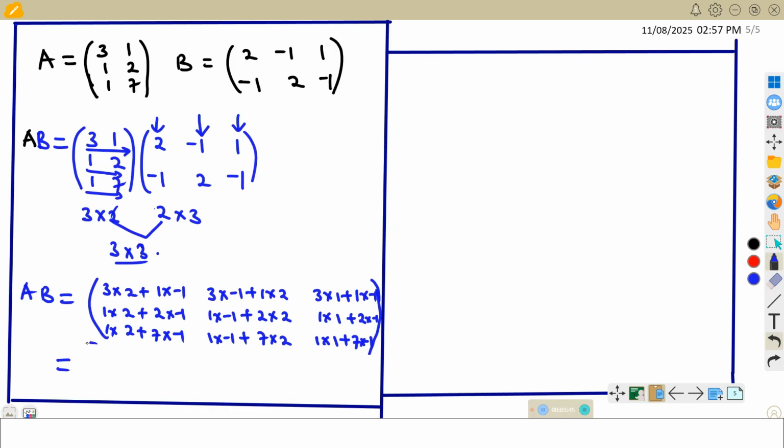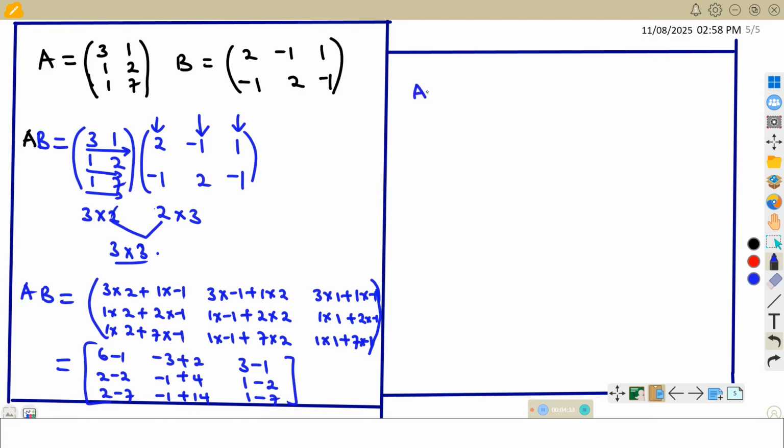So this should be able to give us 6 minus 1, negative 3 plus 2, 3 minus 1, 2 minus 2, negative 1 plus 4, and 1 minus 2. And lastly, 2 minus 7, negative 1 plus 14, and 1 minus 7.